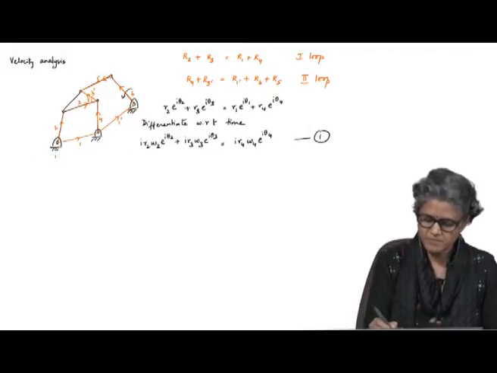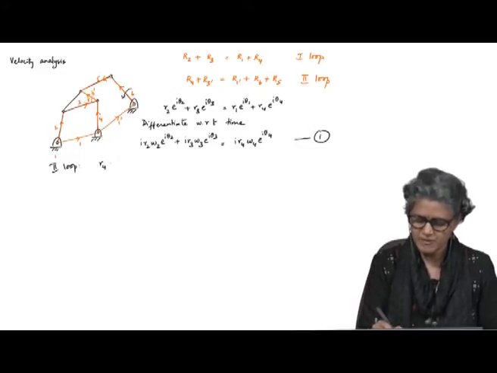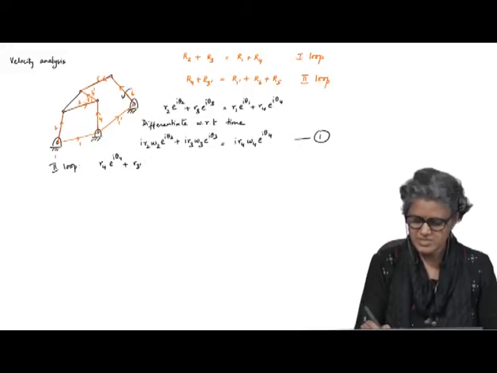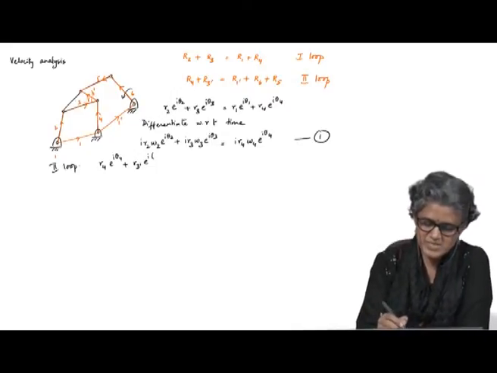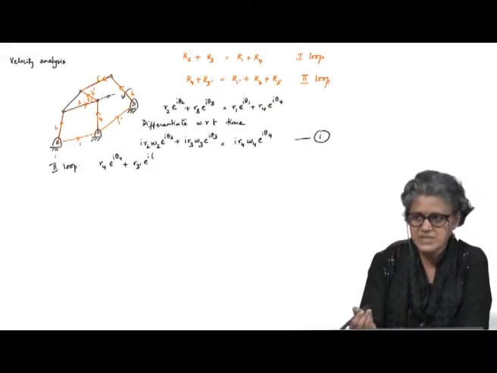For the second one, I have the second loop, I have R4 e power i theta 4 plus R3 dash e power i. What is the angle for 3 dash? I can express it in terms of the angle for R3, so this is angle of R3 plus 180 minus gamma, because this is all part of the same rigid body.